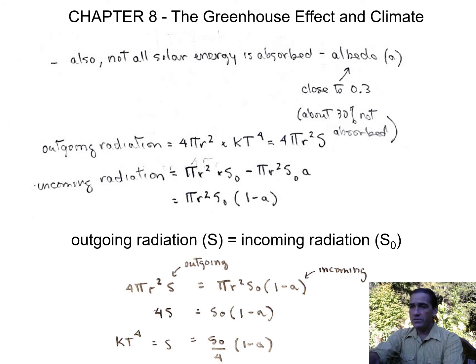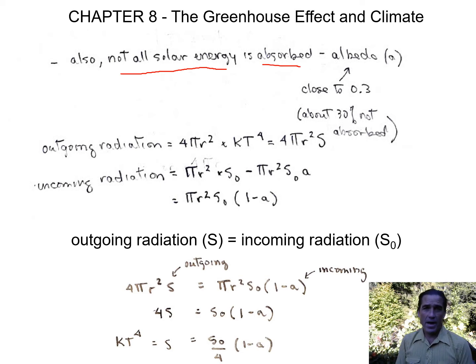So in terms of the energy that we know is coming from the sun, we realize that not all of it is absorbed. Some of it is reflected back in terms of the tops of clouds, perhaps hitting ice, which is very reflective, and even water.